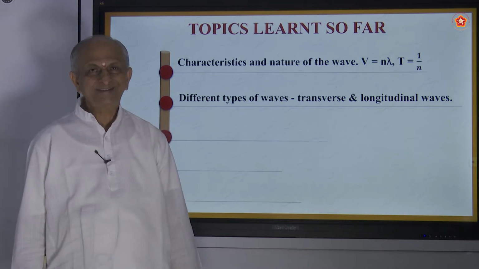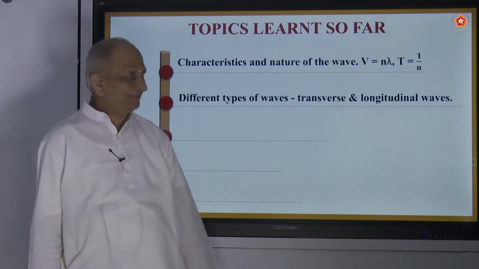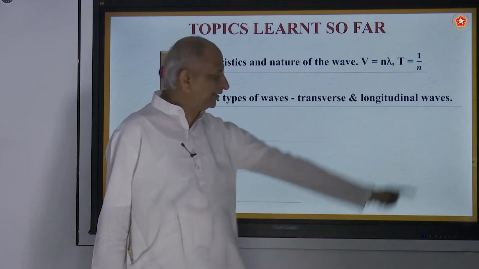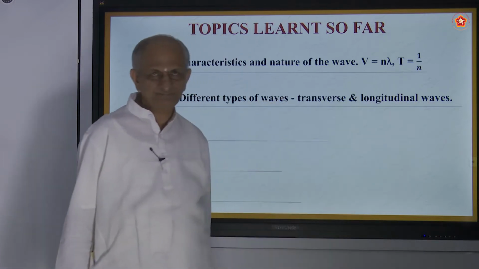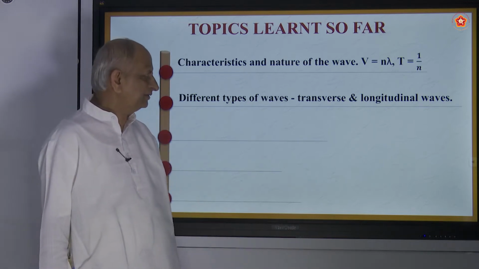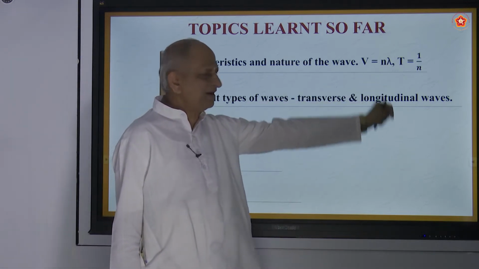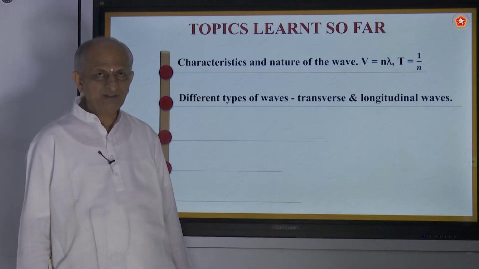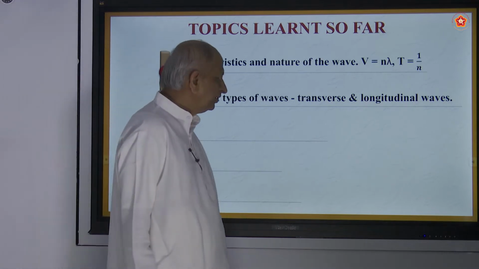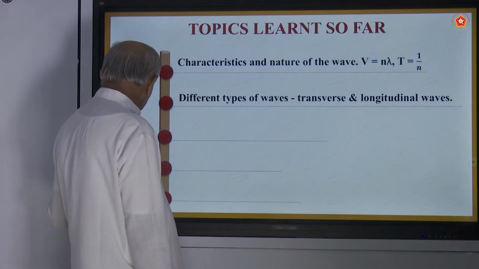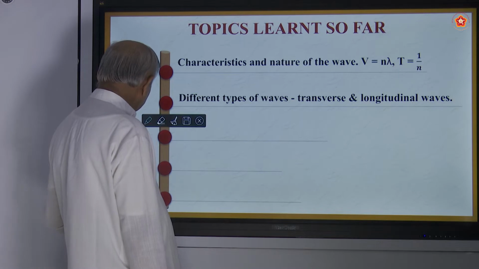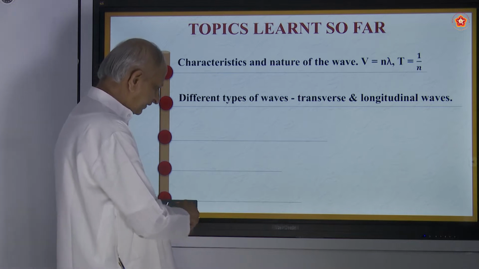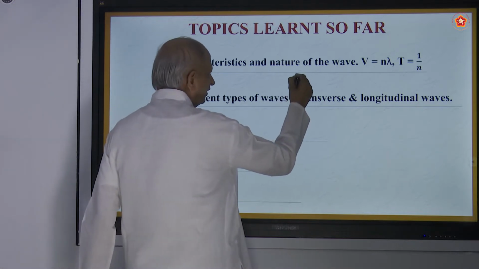What are the two things? One is the frequency of the wave, which is the reciprocal of the time, is it not? And what is this lambda? Lambda is a Greek letter used for wavelength. What is wavelength? Wavelength is the distance between two consecutive crests or troughs.